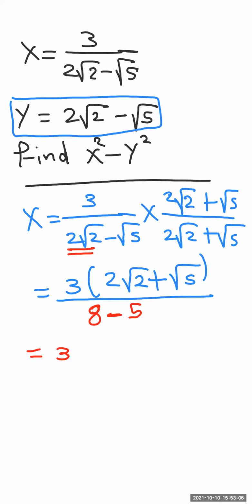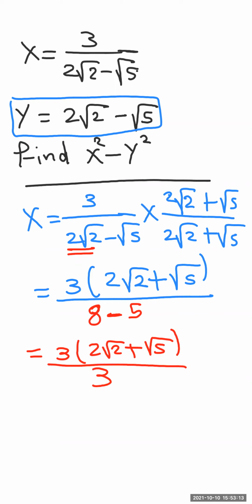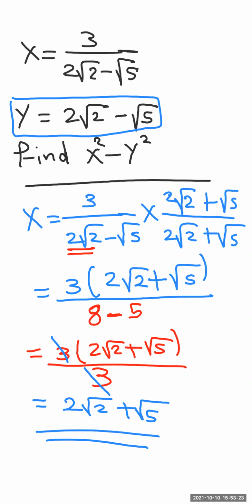So now 3 times (2√2 + √5) over 3. Simply cancel the 3 and the 3. So it will equal 2√2 + √5. Okay, so this is the simplest form for x. Now x equals 2√2 + √5.